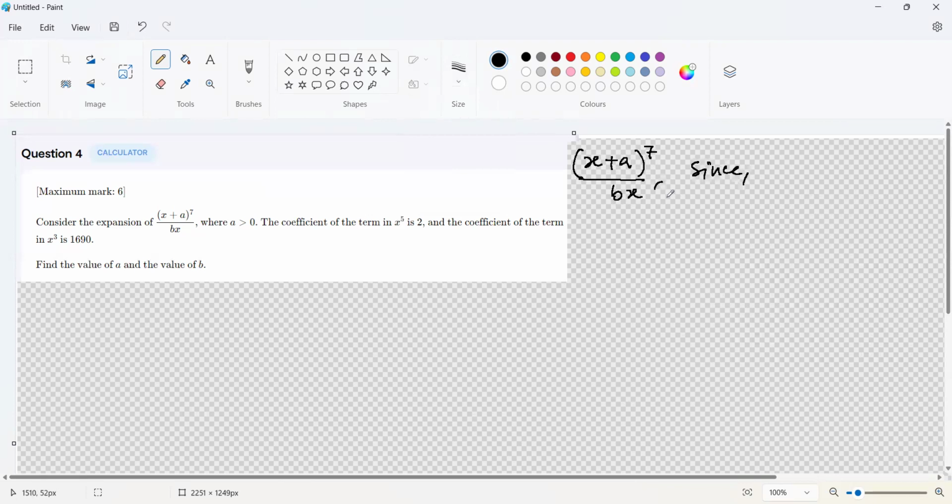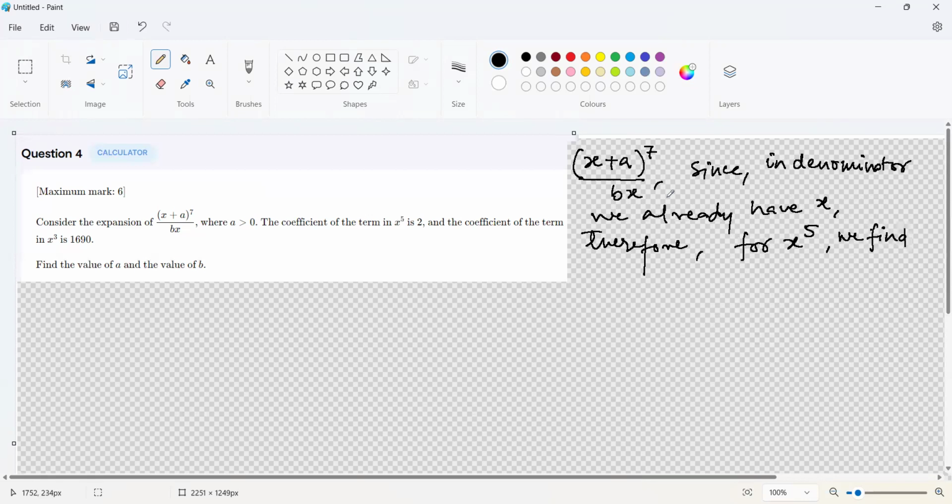Since in denominator we already have x, therefore for x raised to the power 5 we find x raised to the power 6, and for x raised to the power 3 we find x raised to the power 4.